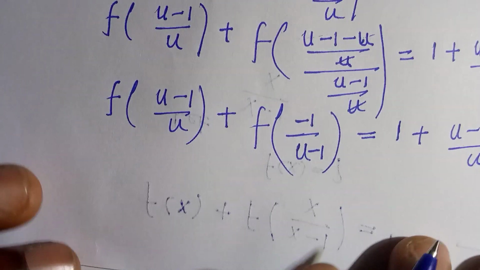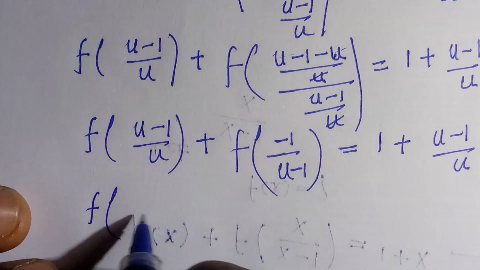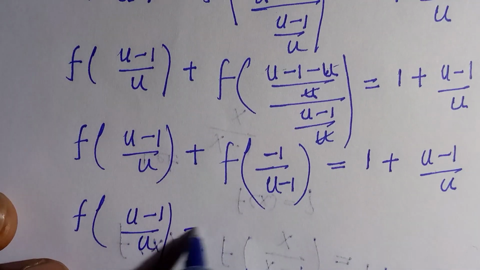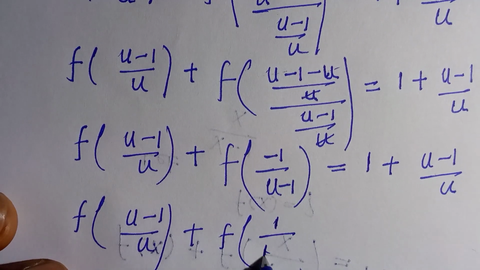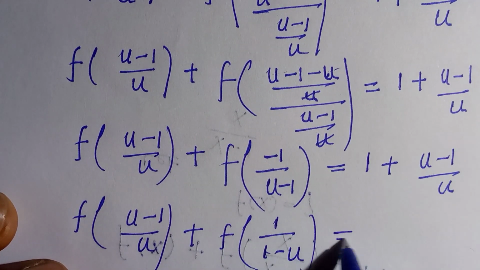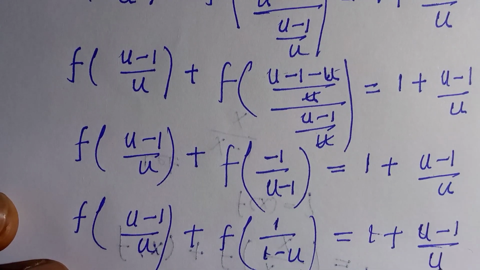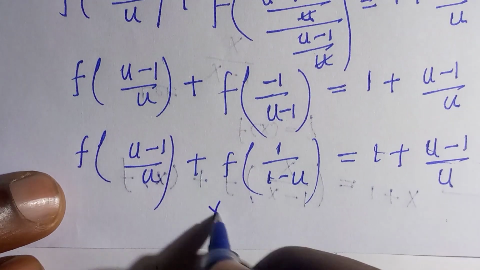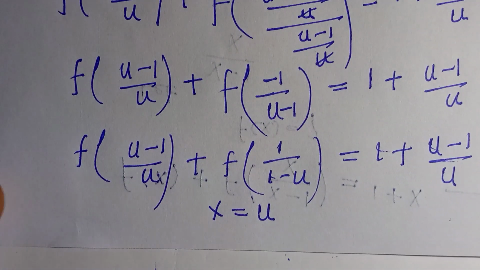From here, if I take the negative down, the position of u and 1 will also change. We have f of u minus 1 divided by u, plus f of 1 divided by 1 minus u, and everything equals 1 plus u minus 1 divided by u. At this stage, I'm going to replace u with x.